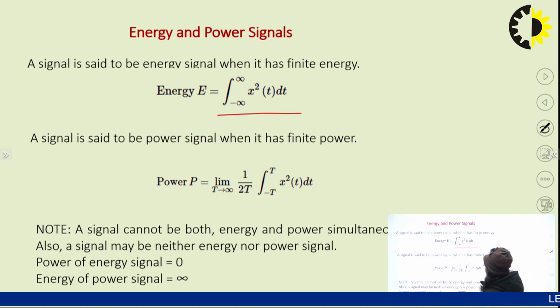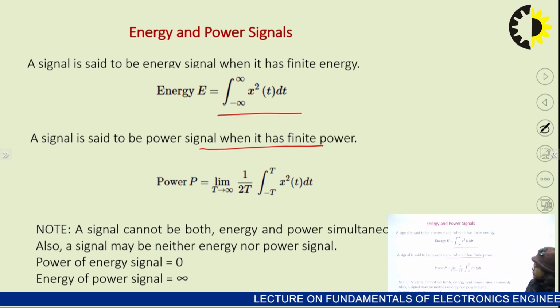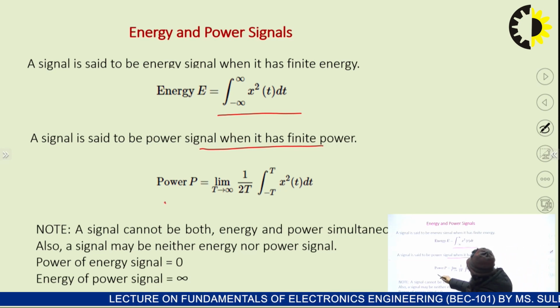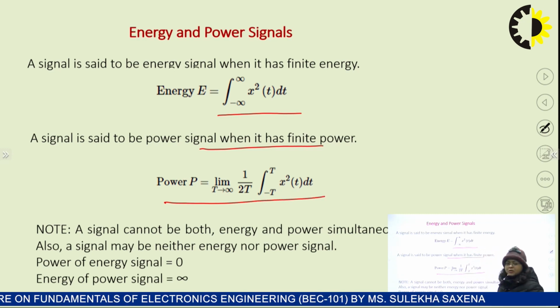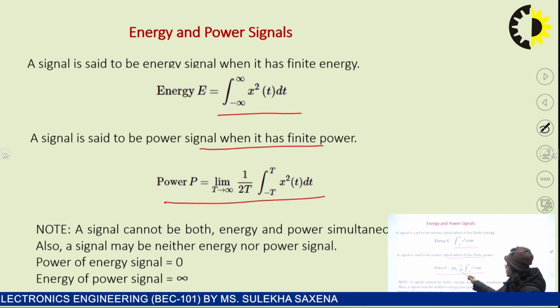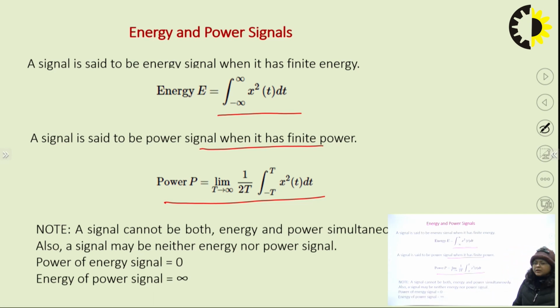And if we have to calculate the power, then energy upon time is power. So the same formula is used, limit T tends to infinity, 1 upon 2T integral from minus T to T of x square t dt. So for any given signal, we can easily calculate the energy as well as power.